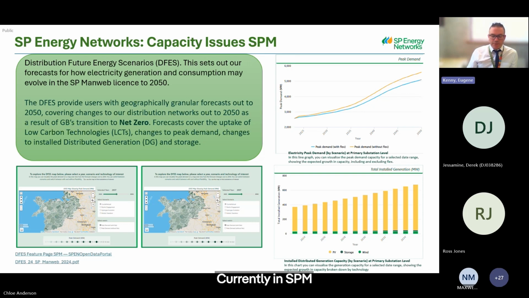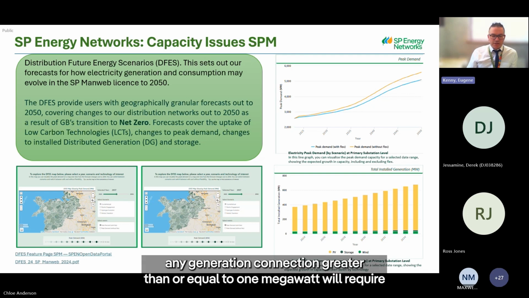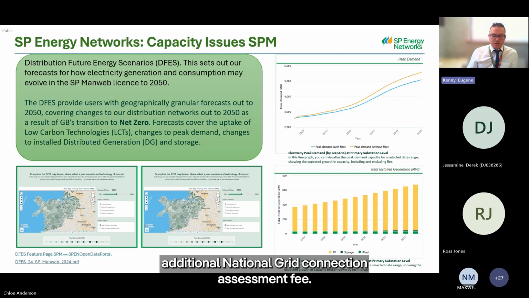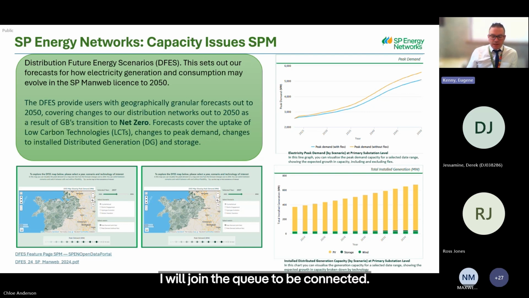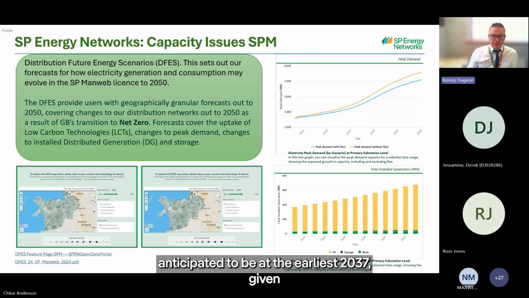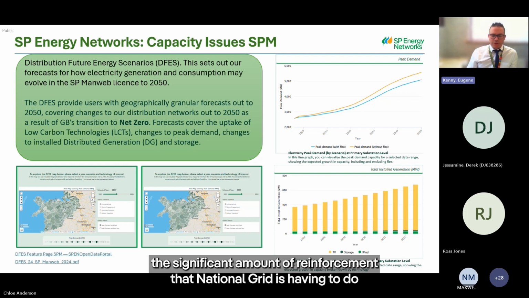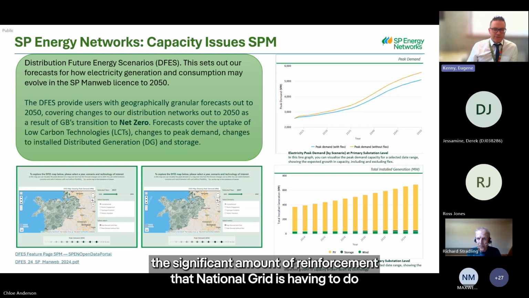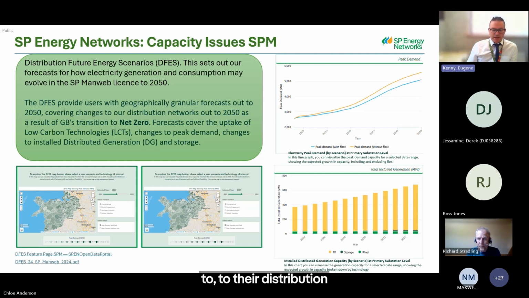Currently in SPM, any generation connection greater than or equal to 1 megawatt will require an additional National Grid connection assessment fee, and will join the queue to be connected. This is anticipated to be at the earliest 2037, given the significant amount of reinforcement that National Grid has to do to their distribution network.